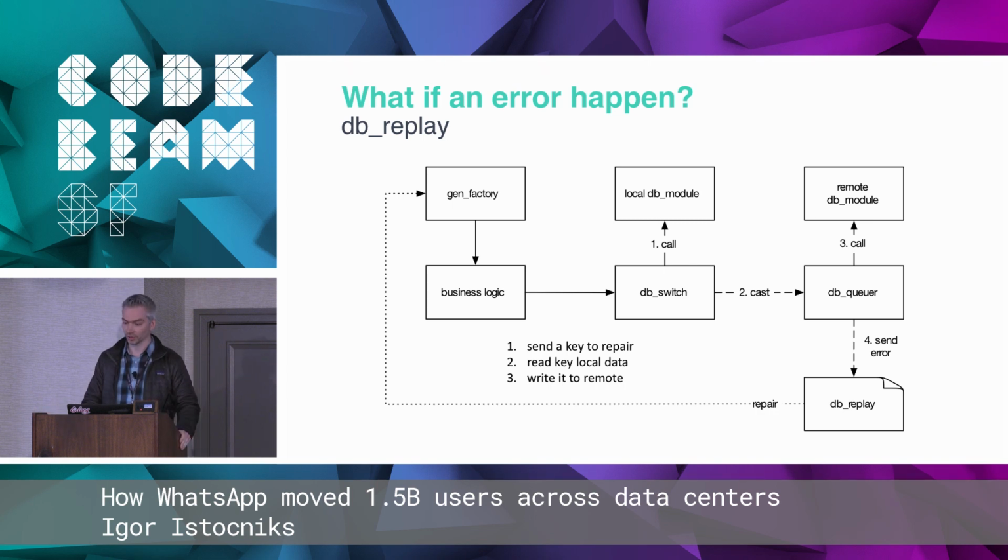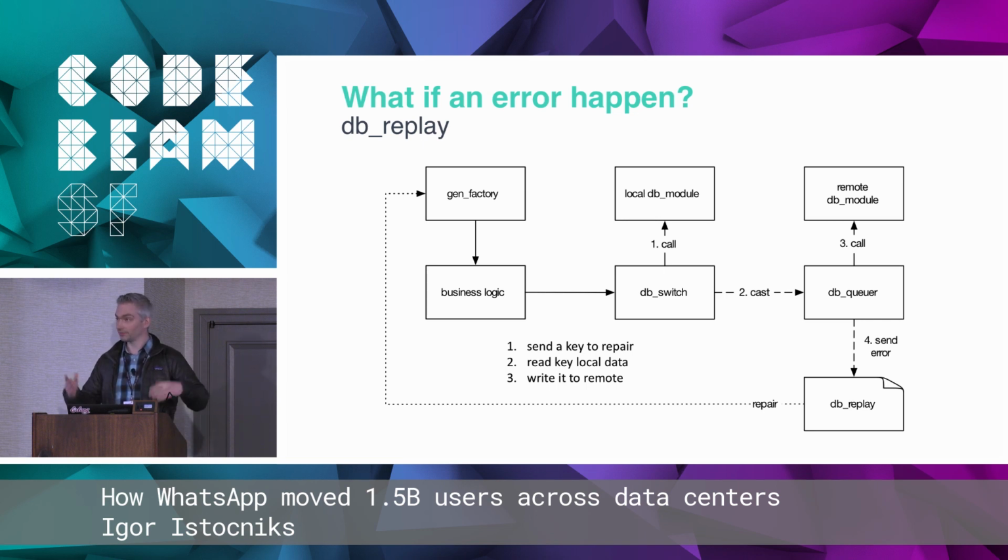What's great about this approach is that the repair operations become idempotent, right? You can retry them again and again and again. It doesn't really matter how many times you retry them. They always set the correct state to the remote DB. It doesn't really matter if there is organic traffic for the same key coming. Once you repair the key, again, we force the correct state on the other side.